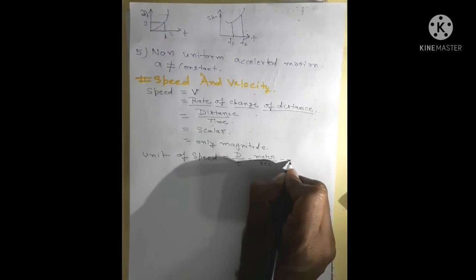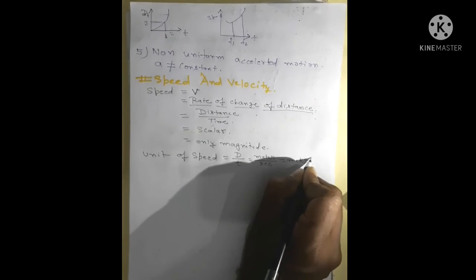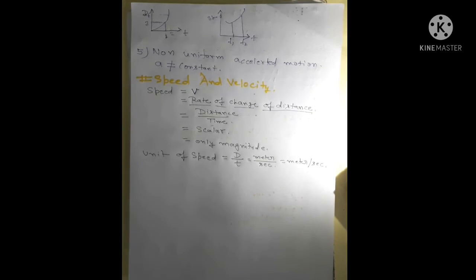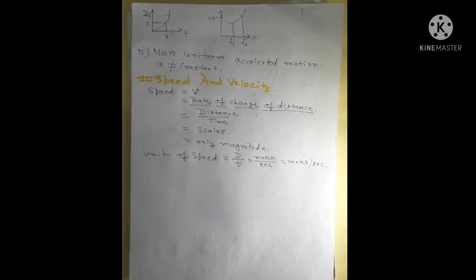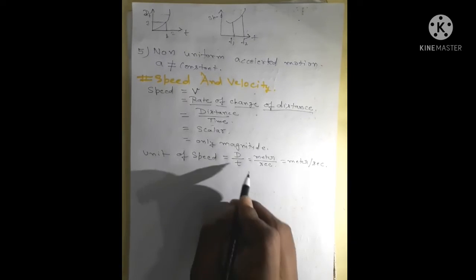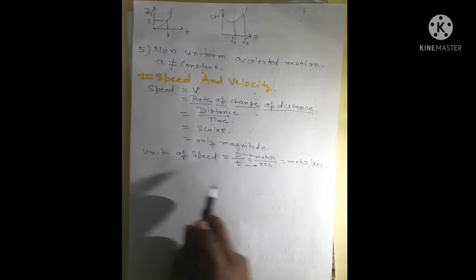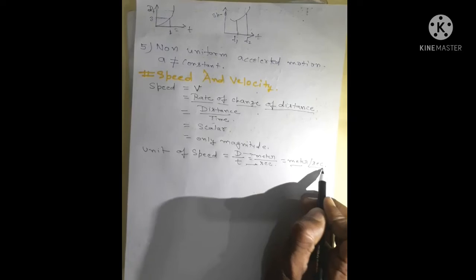So its unit is meter per second. The unit of speed is meter per second.